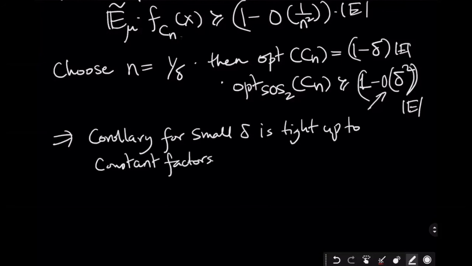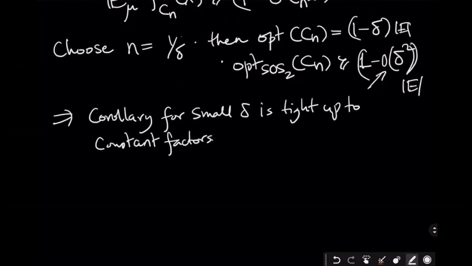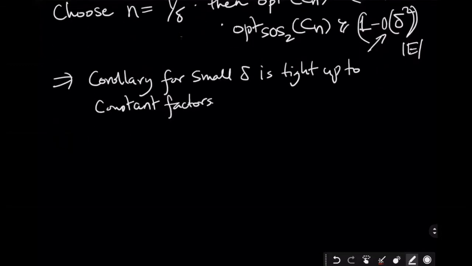But you may be wondering, that's only up to constant factors and only makes sense for small delta. What about this 0.878 or whatever alpha GW that we were talking about? Can we improve on that? It turns out that you can take a natural upgrade of this example and prove that that precise 0.878 approximation factor that we obtained is in fact the best possible.